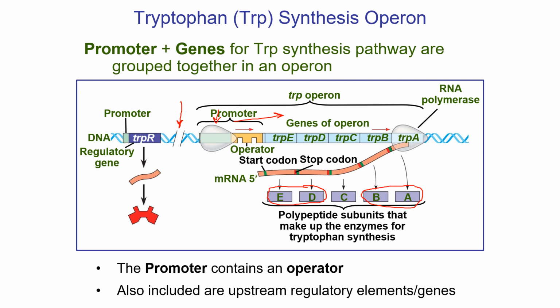Somewhere else on this big circular chromosome, we have another gene that's a regulatory gene, and it's known as TRPR, the R for regulatory. It codes for its own protein, and that's the protein we see down here. And this protein, if tryptophan is present, will change shape and bind to the operator and block RNA polymerase.